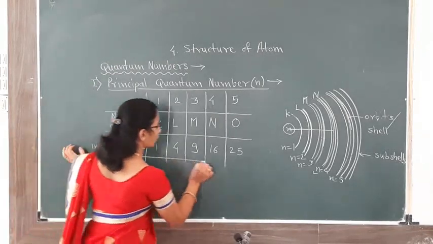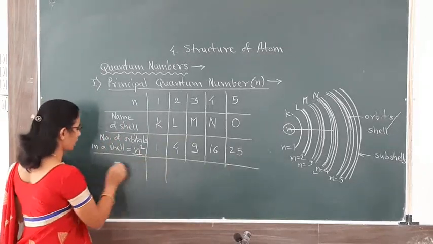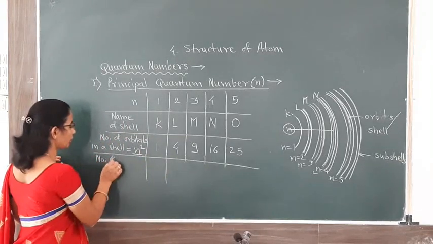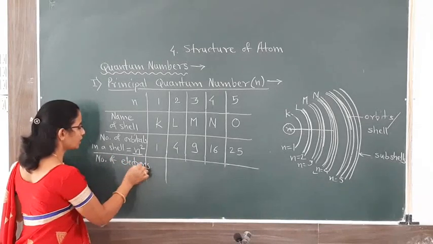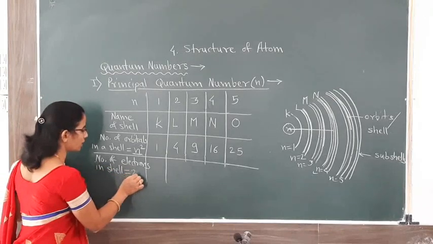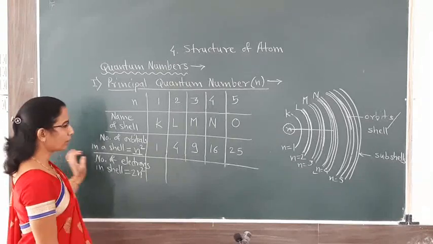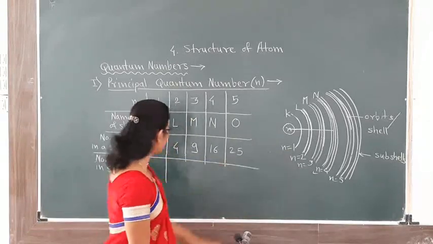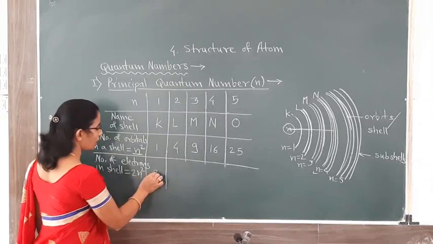But with the help of this quantum number, again you can get the idea of the number of electrons present in each orbit or shell, and that number is given by the formula 2n square. If you take the first shell, here the number of electrons in it is 2.